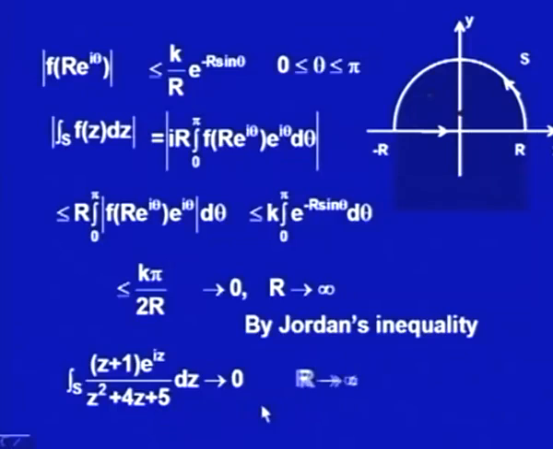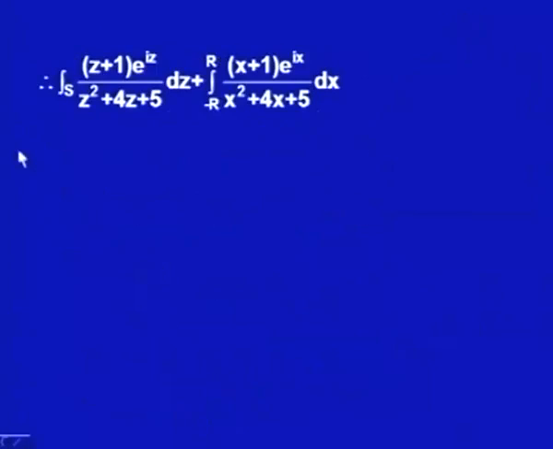Now, what we have got is that the integral along S_R of (z plus 1) e^{iz} upon z squared plus 4z plus 5, plus the integral along the real line from minus r to plus r of (x plus 1) e^{ix} upon x squared plus 4x plus 5 dx, we had already obtained to be equal to pi times (minus 1 plus i) e to the power minus 2i plus 1.